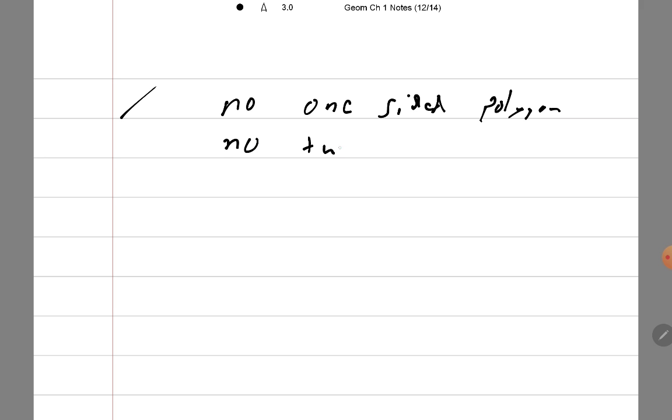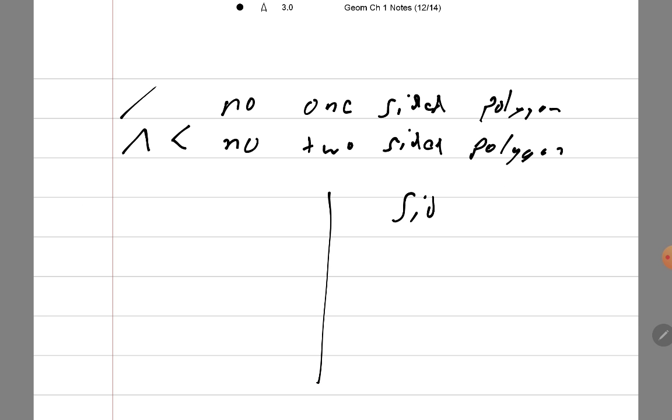No two-sided polygon. It's going to be open, right? No matter how you do it, there's going to be an open spot. But there is a 3-sided polygon.